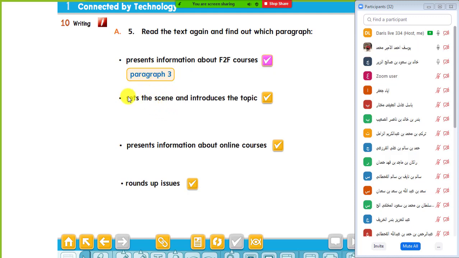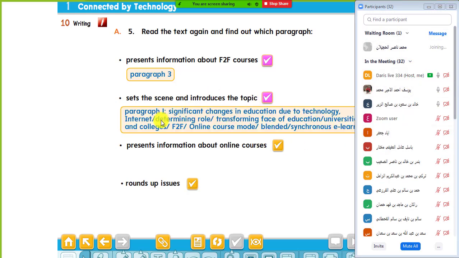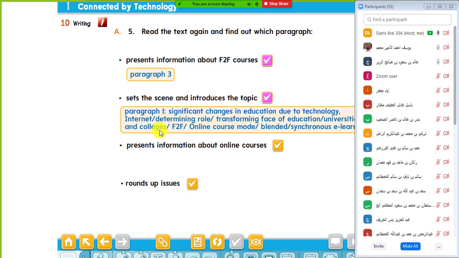Okay, sets the scene and introduces the topic. Sets the scene means it presents the topic and introduces the topic. Whenever we find introduce, it is always number 1. Of course paragraph number 1. Just write number 1. Presents information about online courses: number 2.